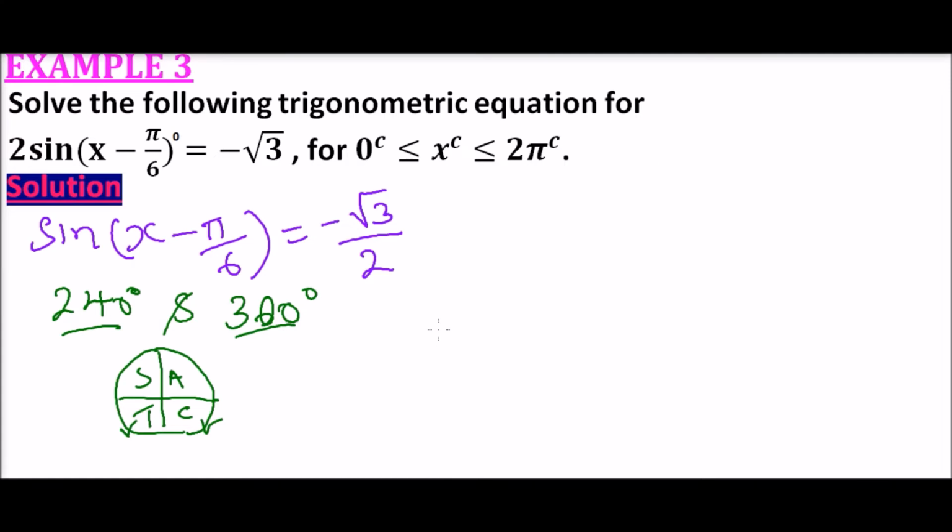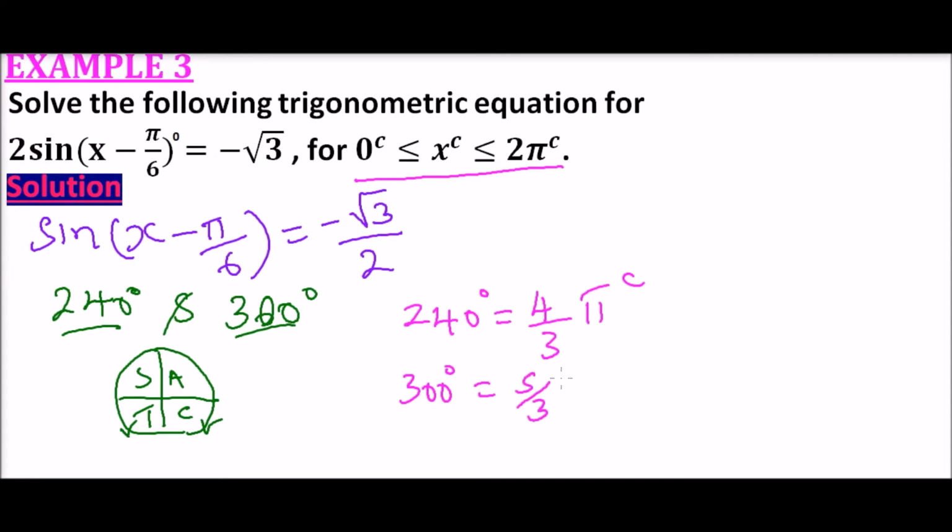So we now convert these angles to radians so that we are able to cover this range. 240 degrees is the same as 4 over 3 pi radians, and 300 degrees is equal to 5 over 3 pi radians.